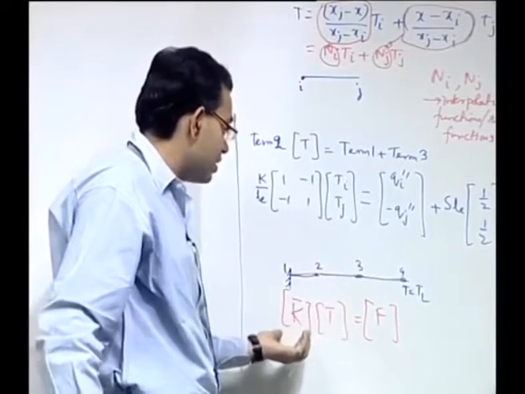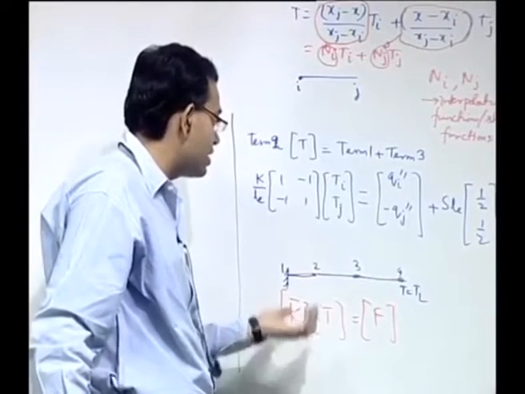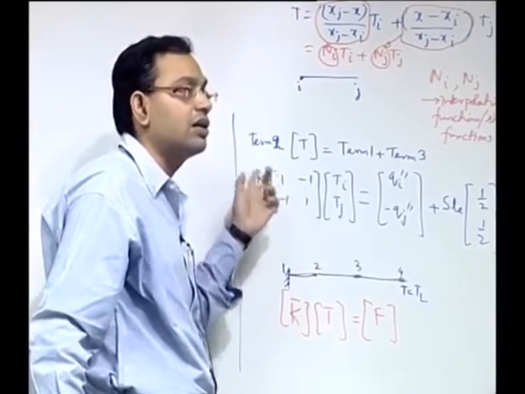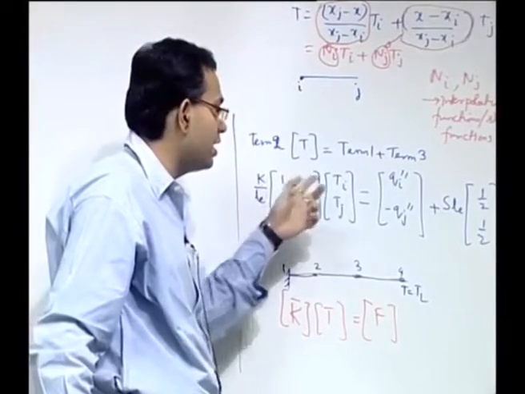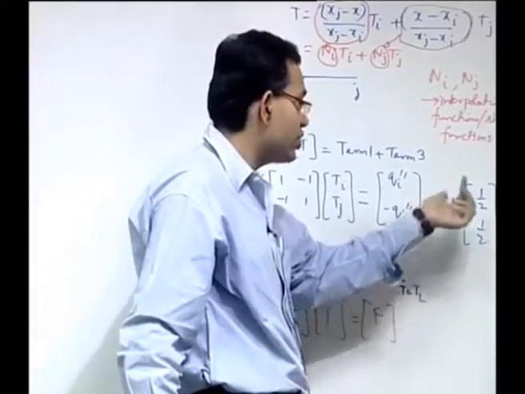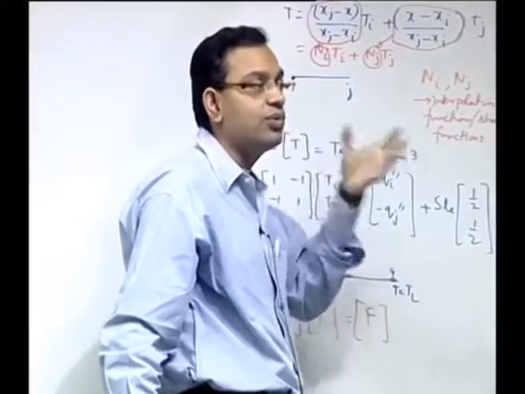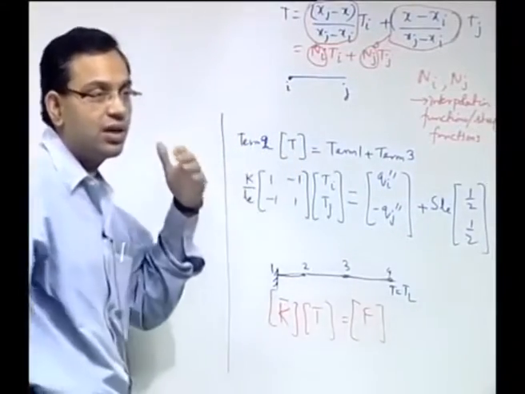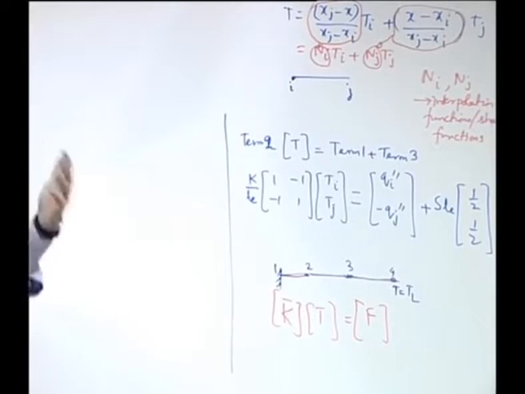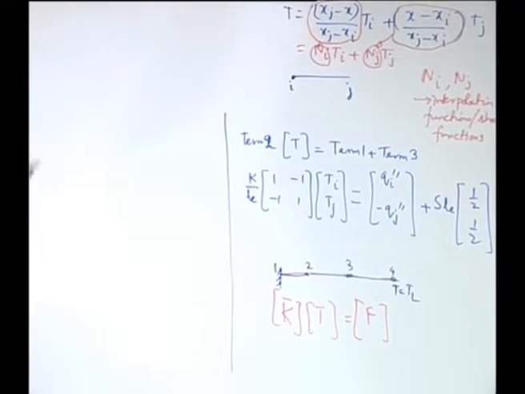So, here the role of the stiffness is being played by K by Le, which is like the thermal conductance, and these are like the displacements and these are like forces. So the source term and the heat flux is like a force which is acting on the system. It is almost like a spring mass system, and one always gives this analogy because the finite element method was originally developed for structural mechanics by engineers.